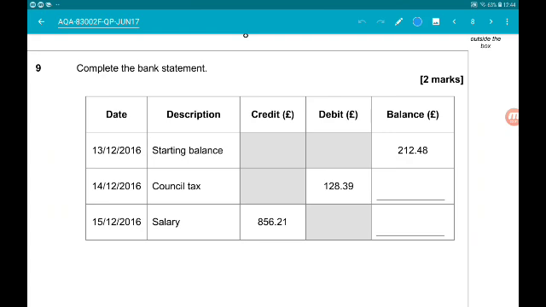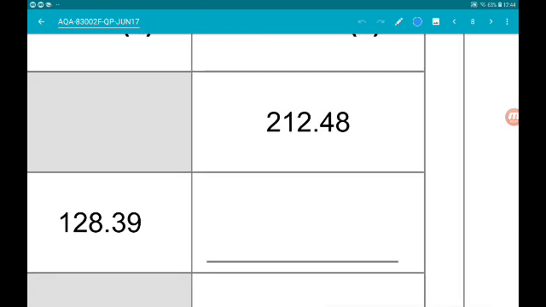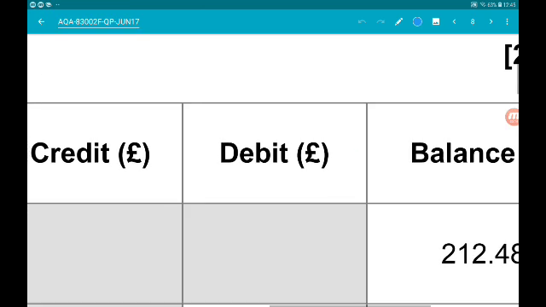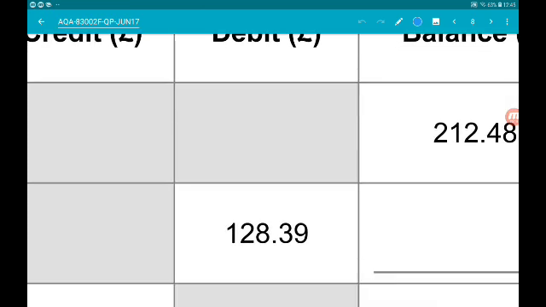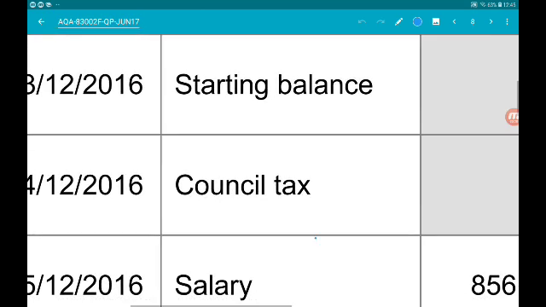Okay, question 9, we have a bank statement to complete. So our starting balance is £212.48p. Now we got an amount being debited. If you can't remember which way around that is, you look at the description.